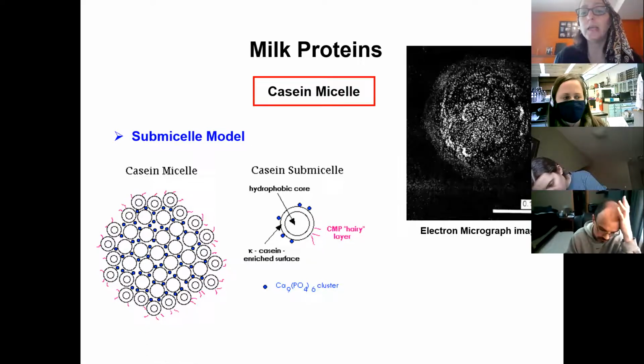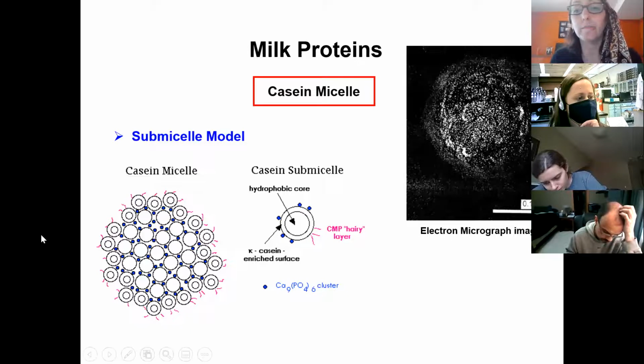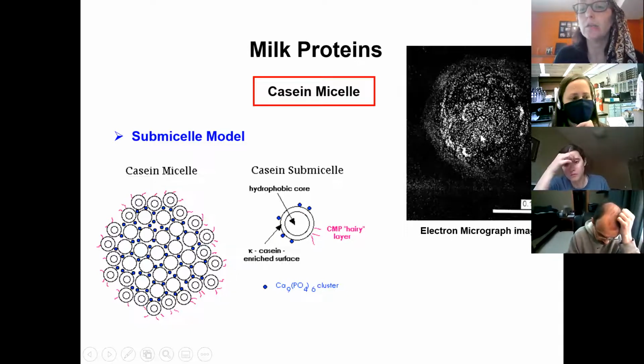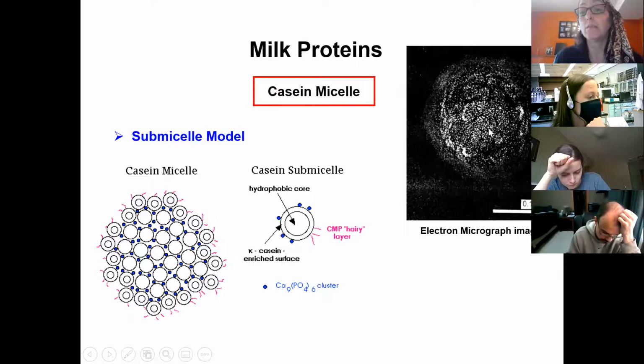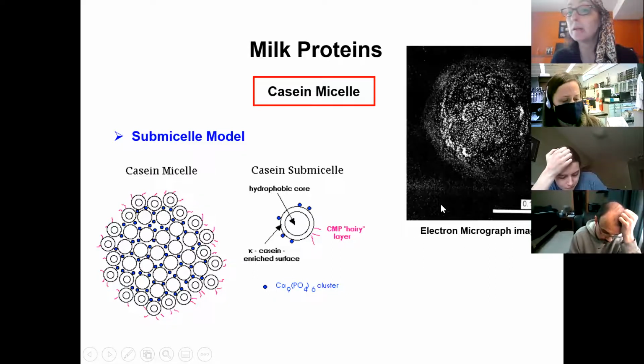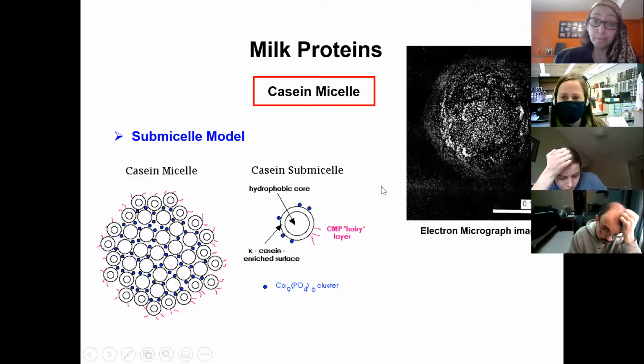Okay, so they kind of confirmed the submicelle by looking at electron micrograph images, and they saw these little spots, and they assumed that each of these spots is a submicelle on its own. So that's how the submicelle model came to be.